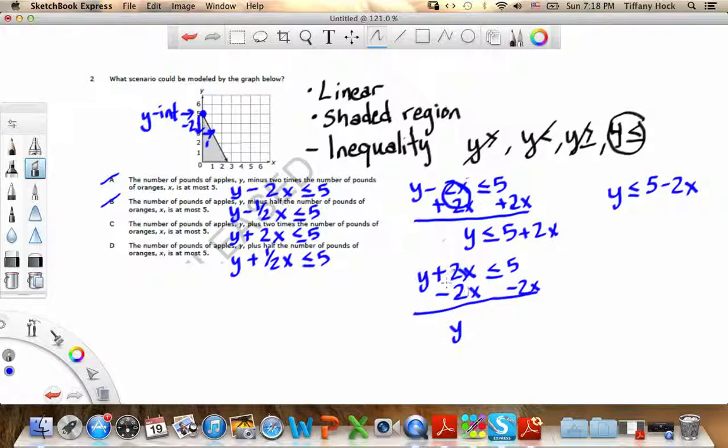These 2x's would cancel out. And I would get y is less than or equal to 5 minus 2x. They're not like terms, so I can't combine them. And this does in fact match what I'm looking for. So my correct answer should be C. And just to finish these off, to cancel out the 1/2 x, we would have to take it away from both sides. And this would become 5 minus 1/2 x, which also is not what we want. Okay, so the correct answer here would be C.